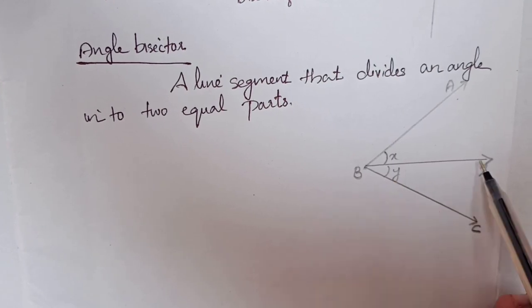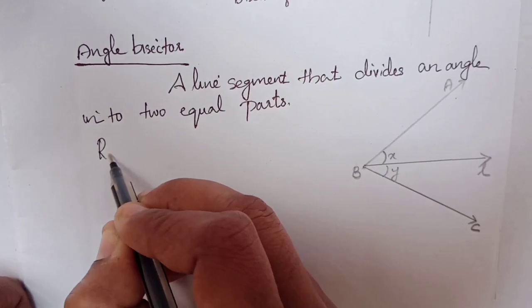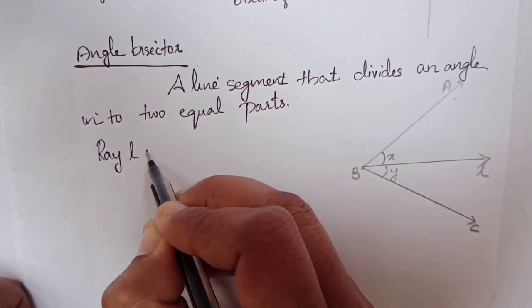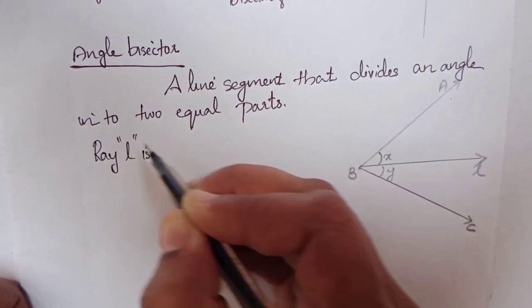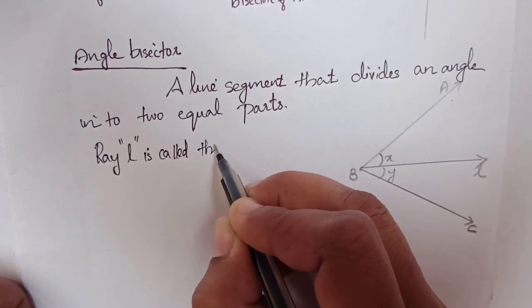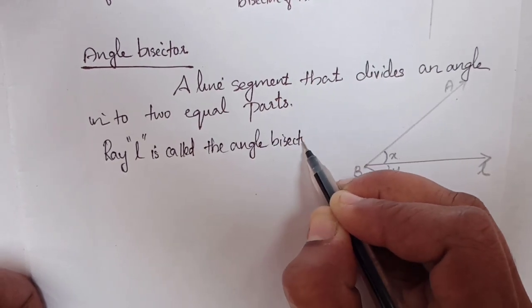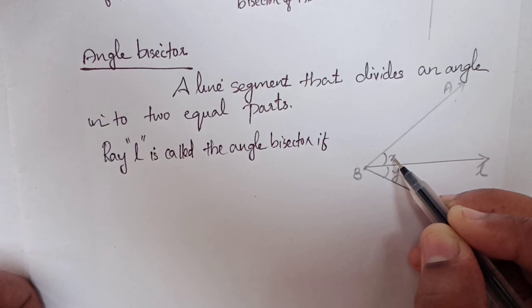So ray L is called the angle bisector if x is equal to y.